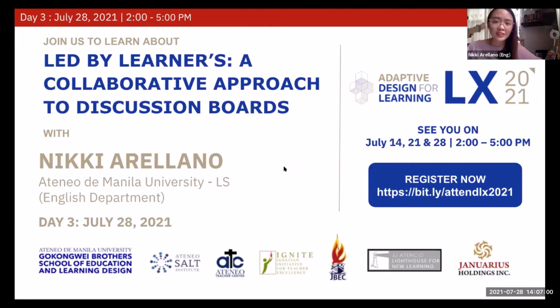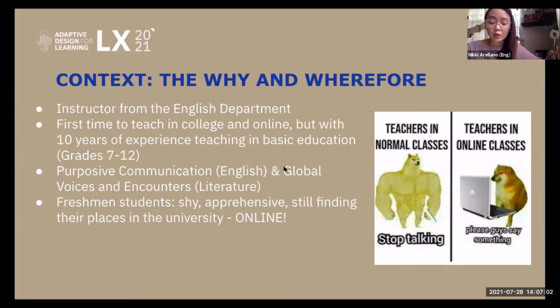Okay, so let me start already. I'll just give you the context of this sharing. Let me just introduce myself very briefly and the why and wherefore of this particular approach. I think a lot of us here are teachers, and prior to the pandemic, like the dog flexing his muscles in this meme, in normal classes we're very strict and no nonsense.